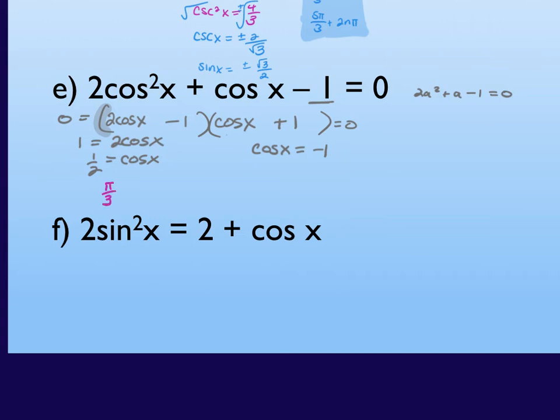Good. Pi over 3, 5 pi over 3, plus 2n pi. Where is cosine negative 1? Good. Plus 2n pi.